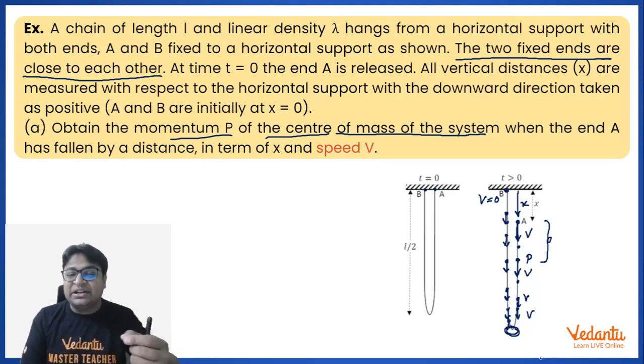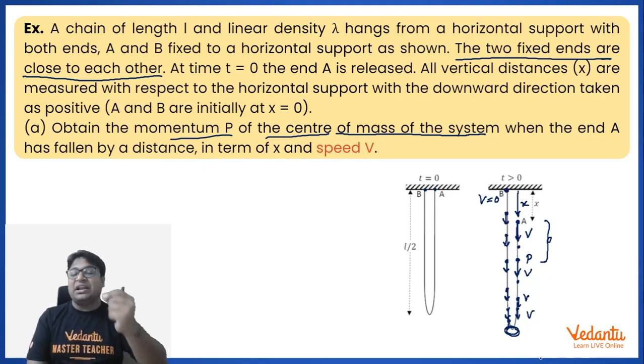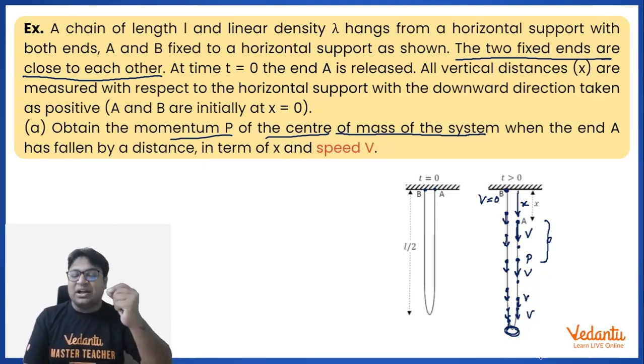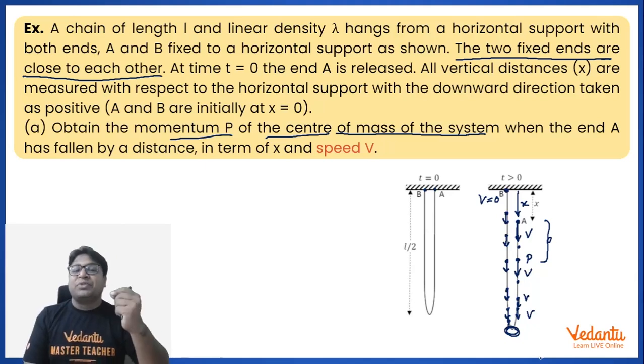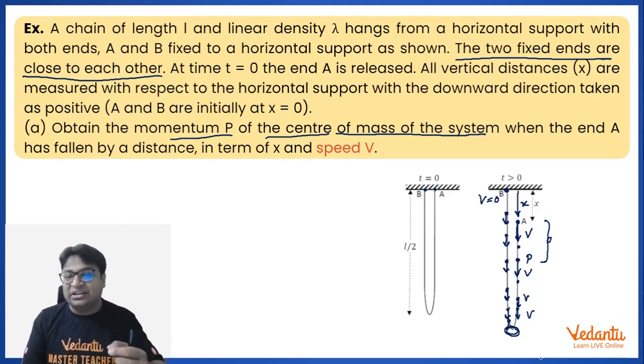If any entity with mass is traveling and it is coming to rest suddenly, then this event is equivalent to a collision, because collision is nothing but an event in which velocity changes suddenly. That is a collision.